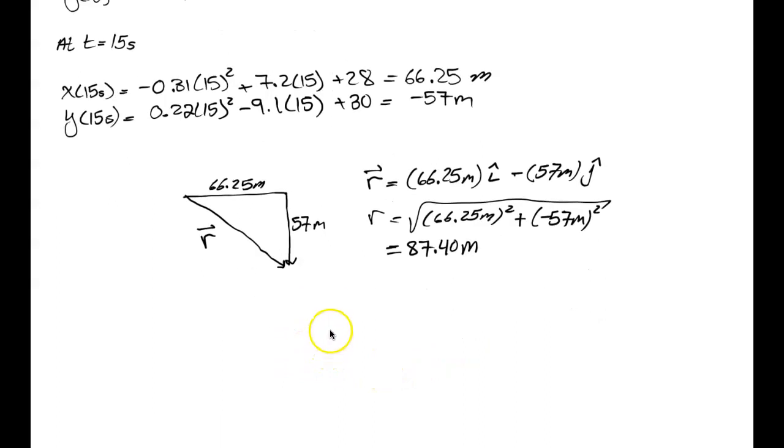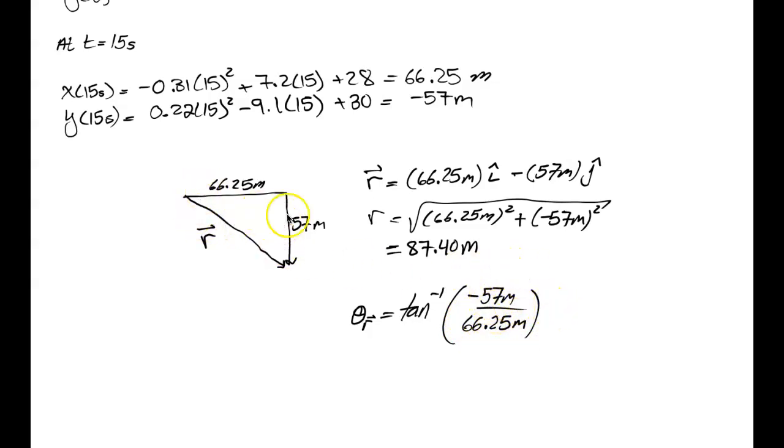And if you remember from your trig or from reading the notes, the angle that this vector r makes is going to be the tangent inverse of negative 57 meters over 66.25 meters, which is the y component divided by the x component.